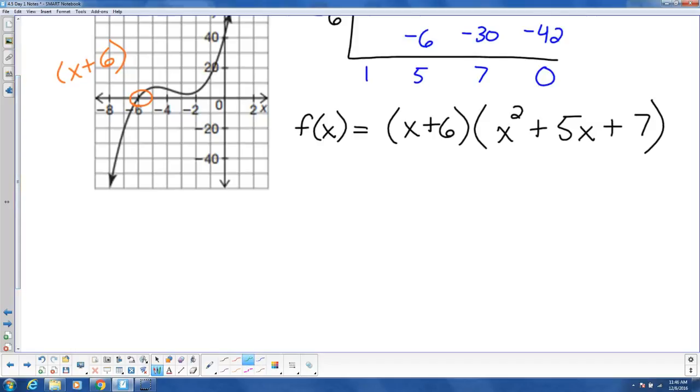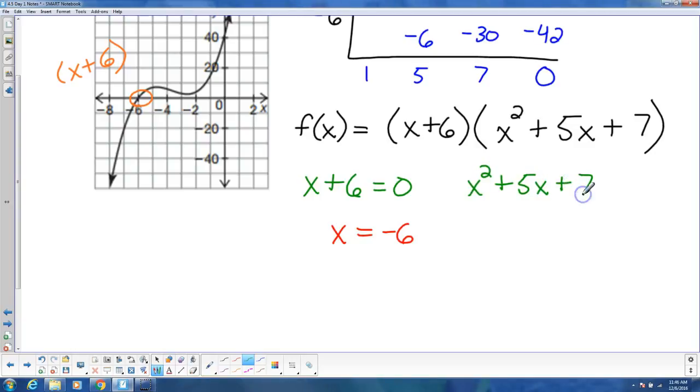So let's go right to x plus 6 equals 0. So then x is going to equal negative 6. We got that one from the graph. Then I've got x squared plus 5x plus 7 equals 0. I'm not even going to waste my time trying to factor it because it's not factorable. So then I have to do what? Quadratic formula.